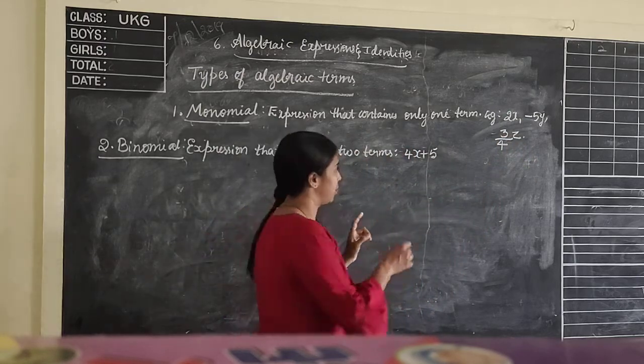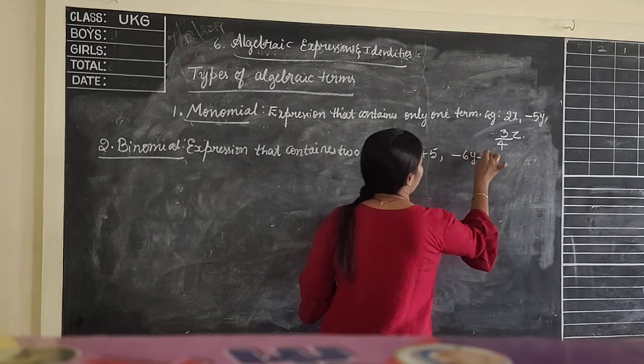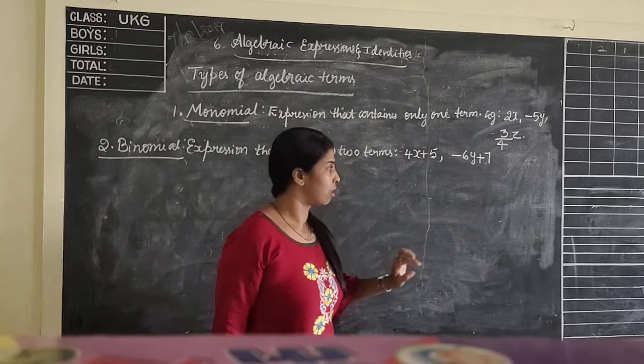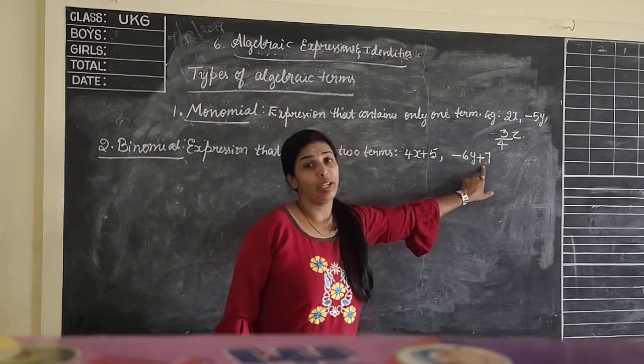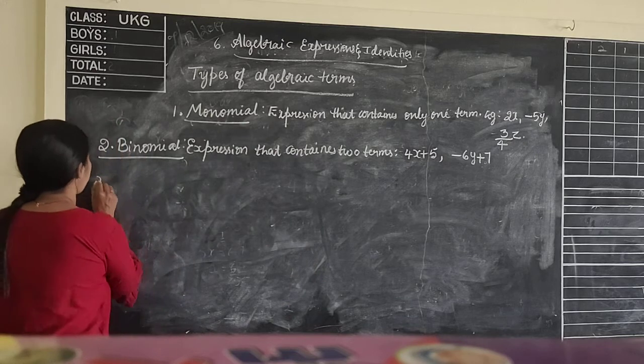That is a single term. Here, minus 6y plus 7, 1, 2. In between, a plus or minus sign should be there. That is a binomial. Trinomial.